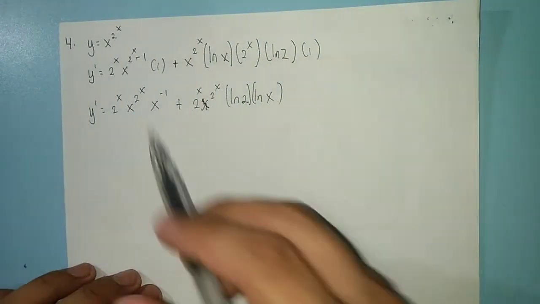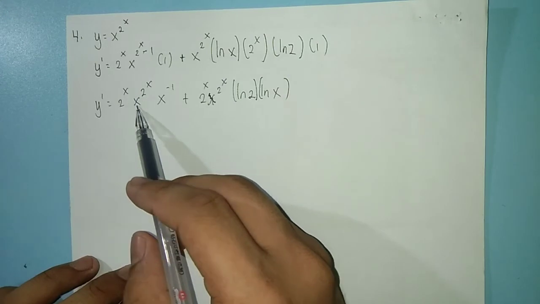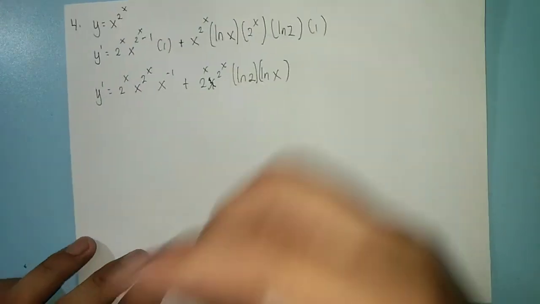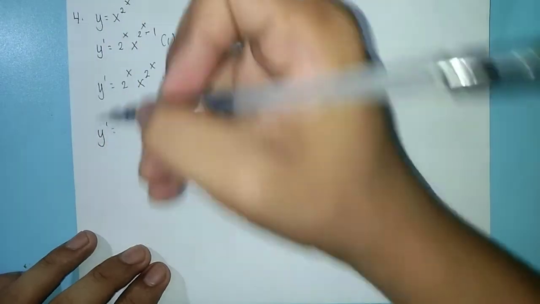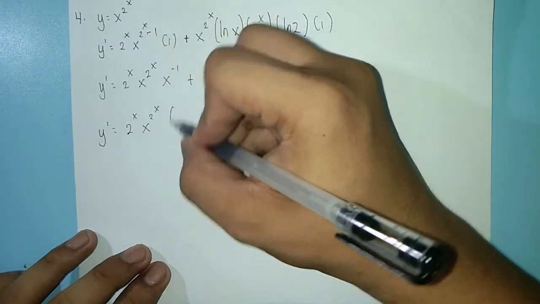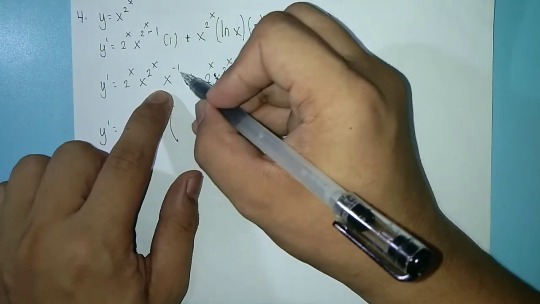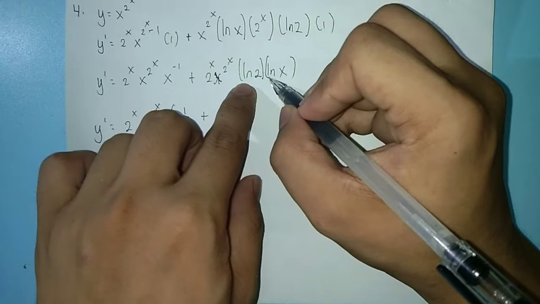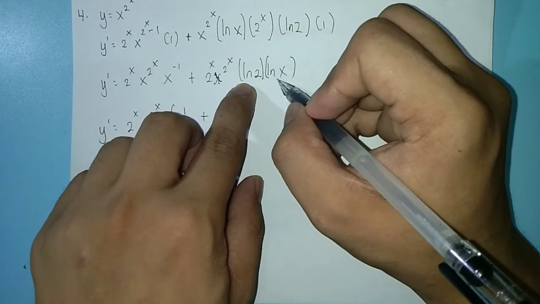So, kung mapapansin nyo, meron tayong common factor 2 raised to x, x raised to 2 raised to x. So, i-factor out natin to. So, mangyayari, 2 raised to x, x raised to 2 raised to x. Ang matitira dito, x raised to negative 1 or 1 over x. Plus, dito naman ang matitira, ln 2, ln x.